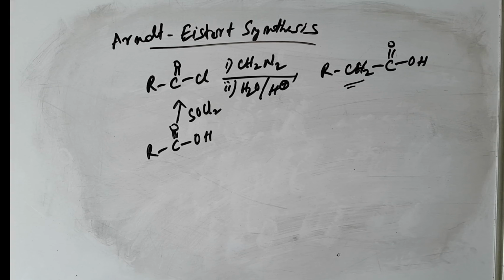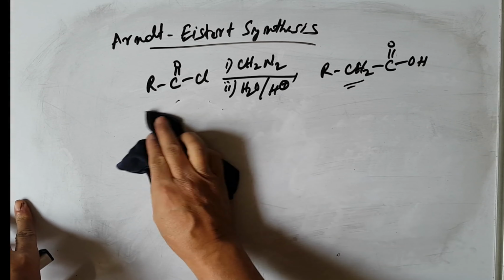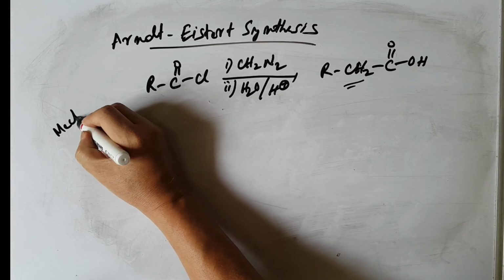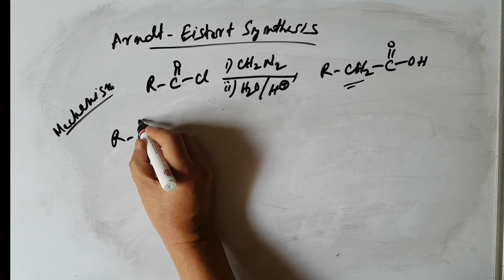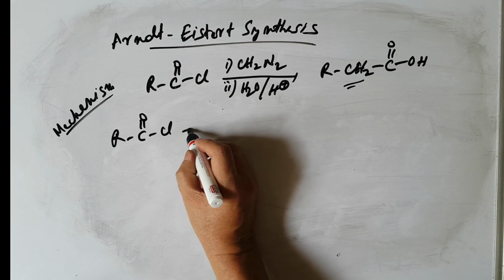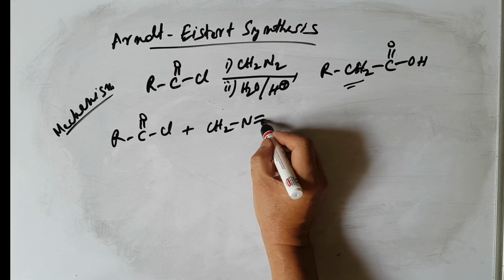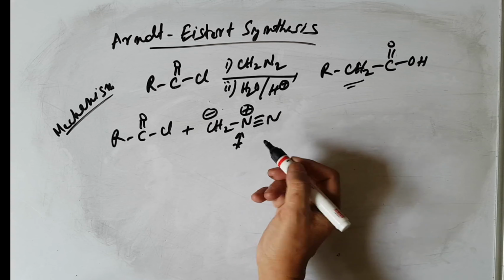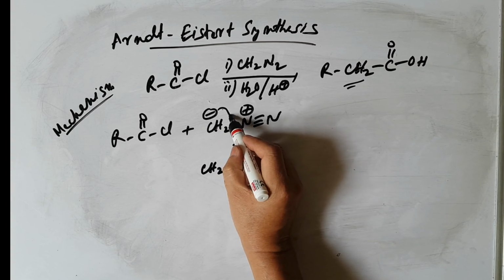The first step is the reaction of the acid chloride. Let's see the mechanism. The acid chloride reacts with diazomethane. Diazomethane can have two resonance structures like this.